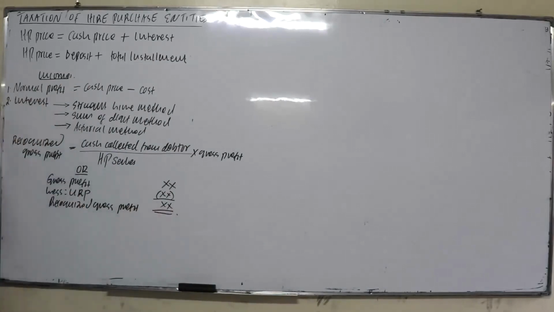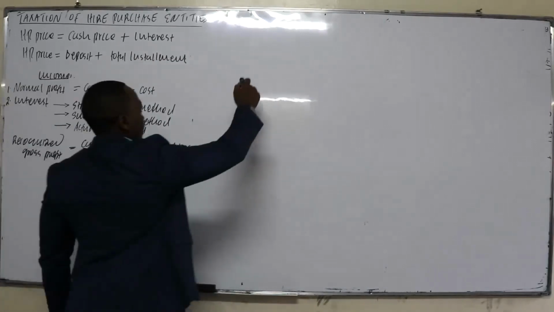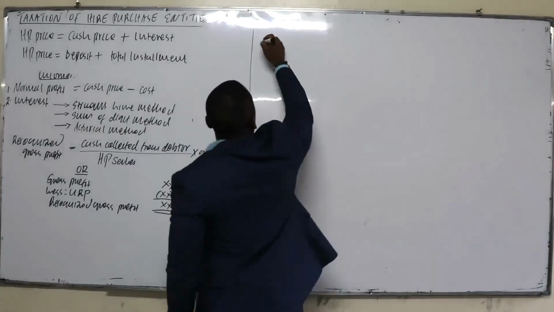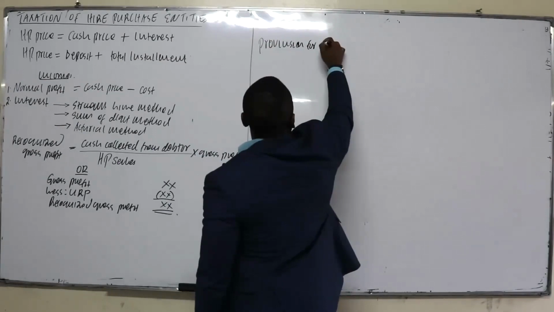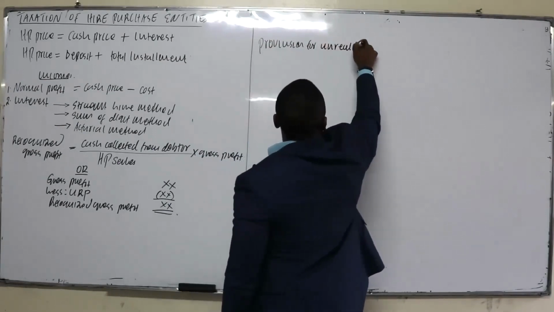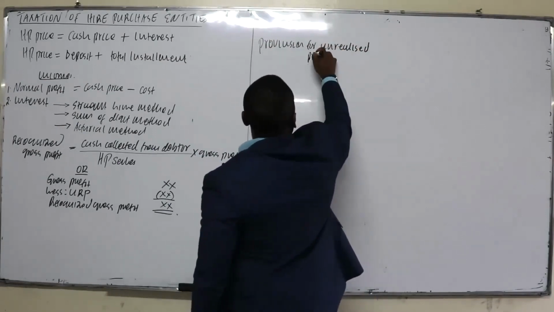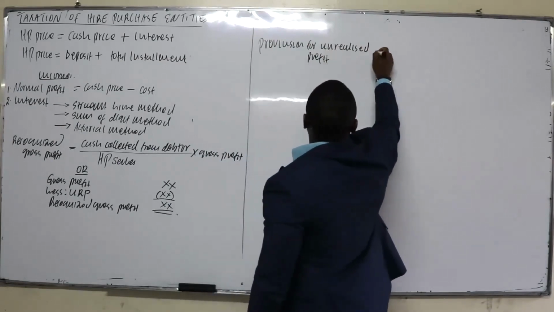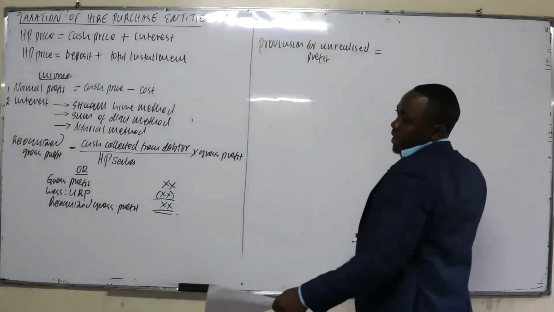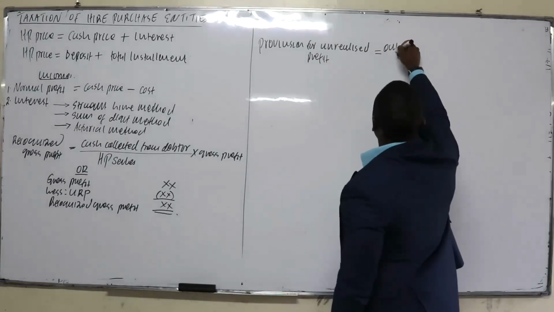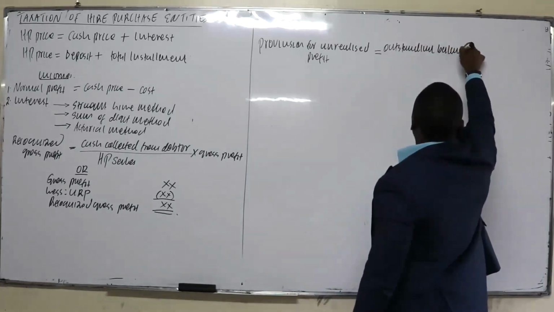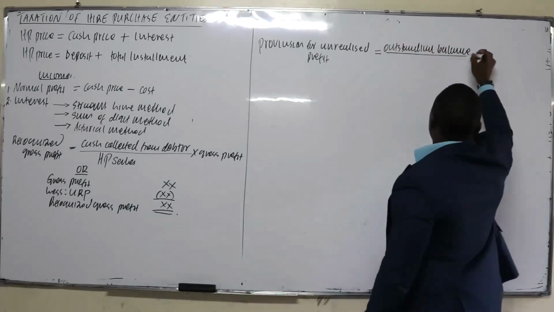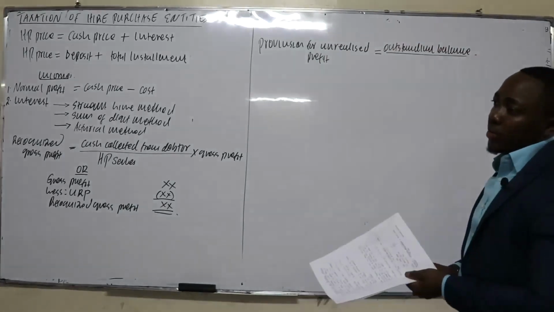And how do you determine the provision for unrealized profit? Now this I get the unrealized profit, provision for unrealized profit. You just take the proportion of the outstanding balance or outstanding amount, be it for the debtors at the end of the year.